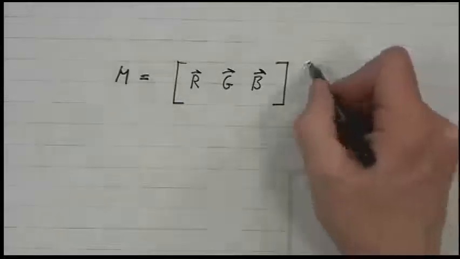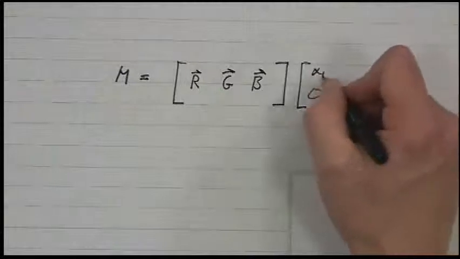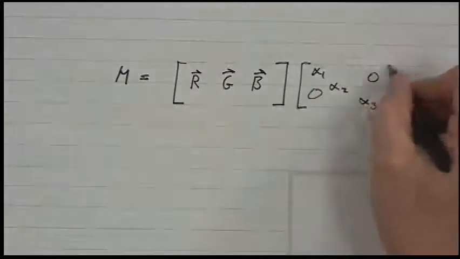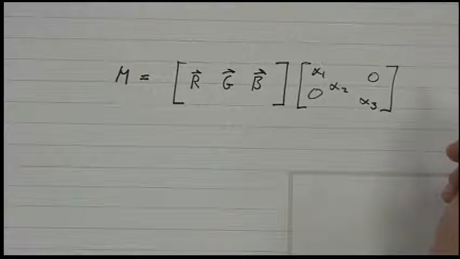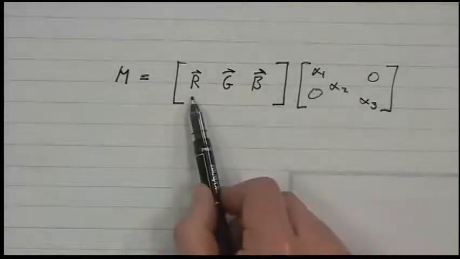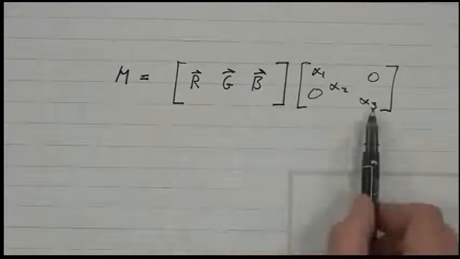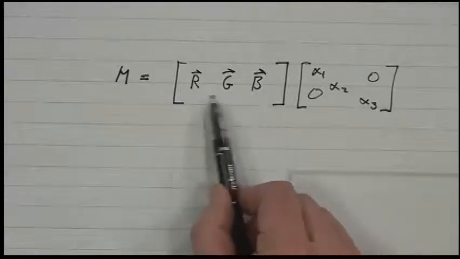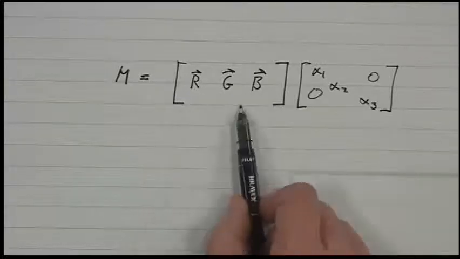Okay, and then over here there's a matrix which is going to be diagonal, and I'm calling it alpha 1, alpha 2, and alpha 3. So what happens effectively is alpha 1 scales the first color primary, alpha 2 scales the second color primary, and alpha 3 scales the third, because any scale factor of these color primaries still represents a legitimate color primary.